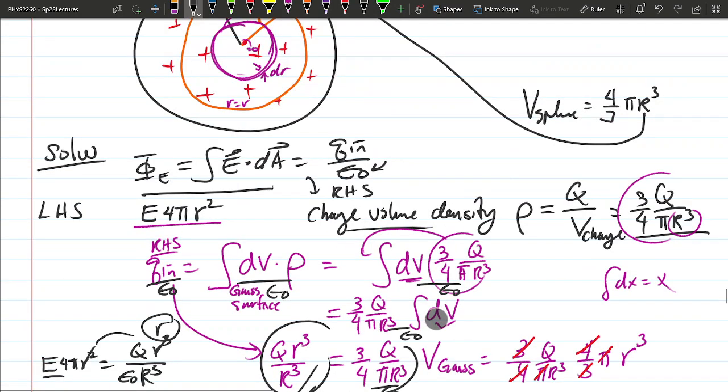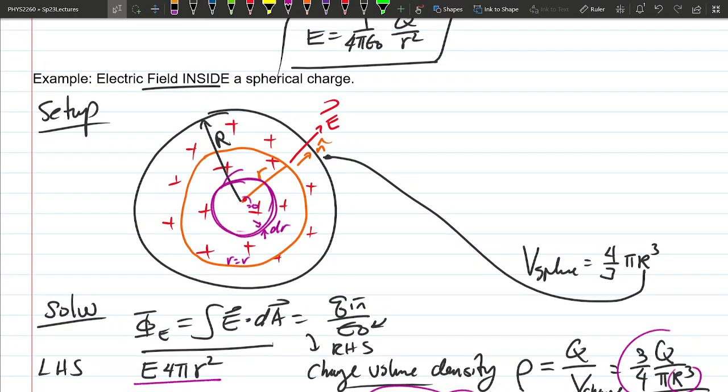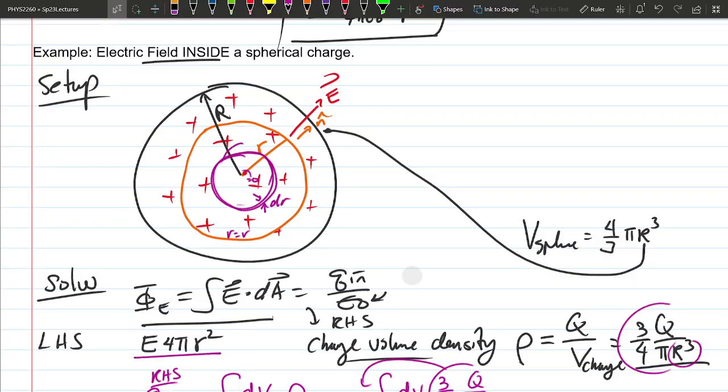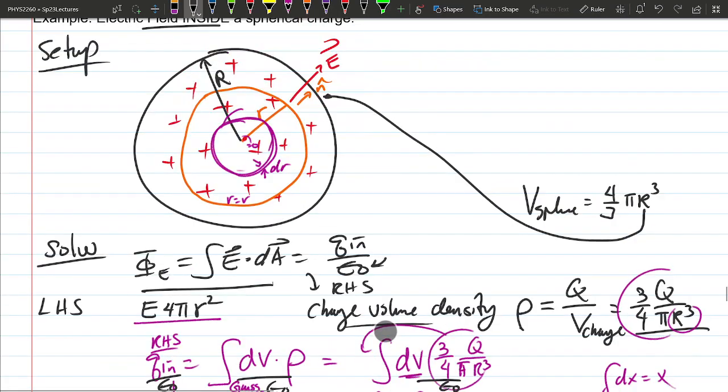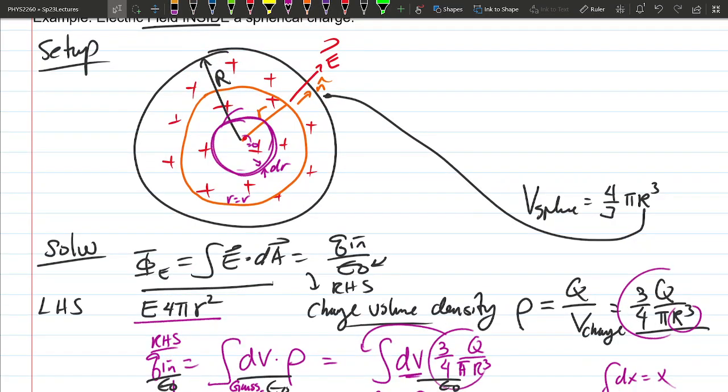The neat thing about it is that if you're inside here, the electric field actually increases as you go out further linearly, because it grows as r. When you're outside your black charge distribution, it falls down as 1/r squared, just like a point charge, okay?